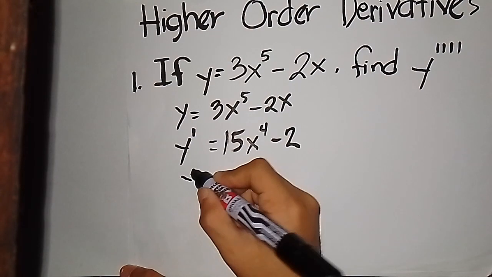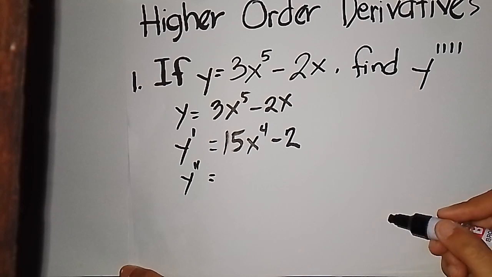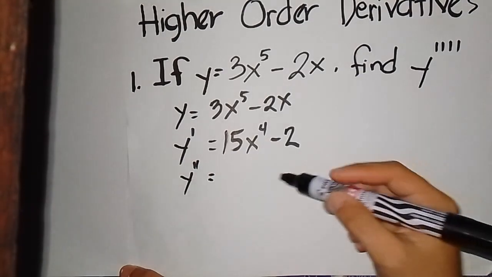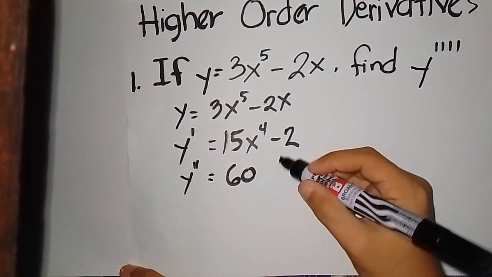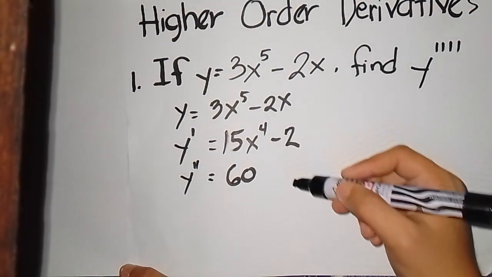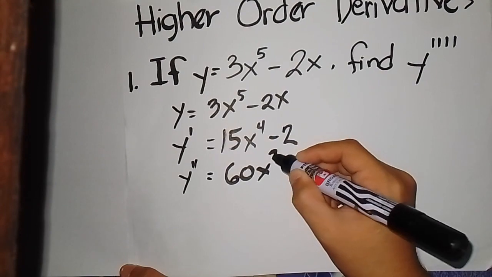So let's proceed to the second derivative. Again, we're using the constant and exponent rule. We multiply the exponent by the coefficient. So 15 times 4, so we have 60. And then we're going to use the power rule, which is n minus 1, so we have x raised to 3.